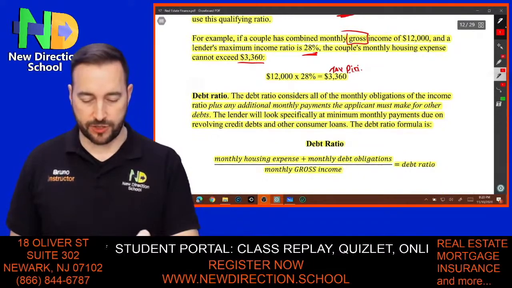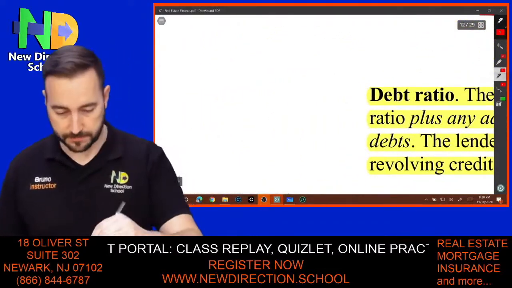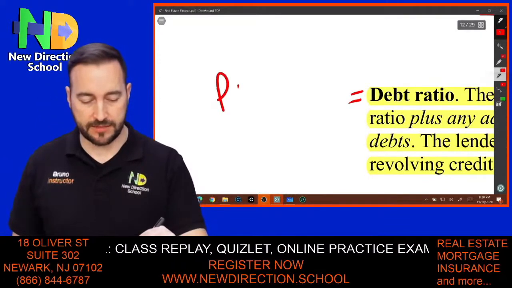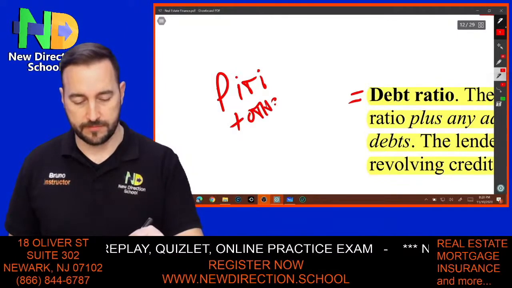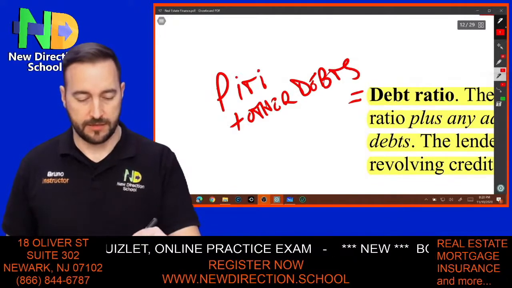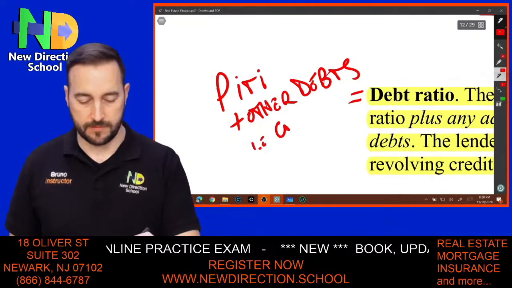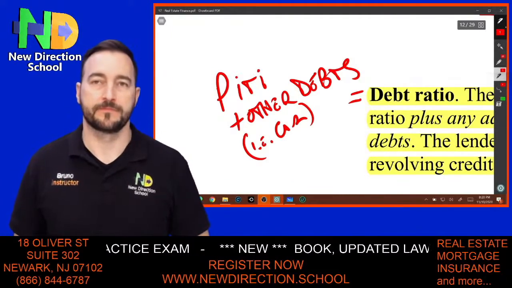The debt ratio. The debt ratio is PITI plus other debts. Okay, so for example, a car.